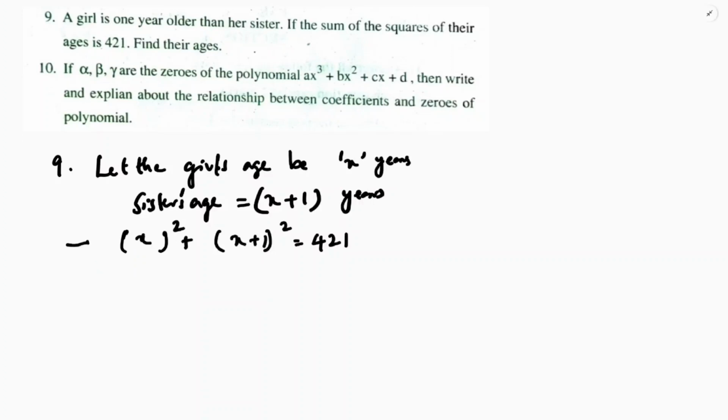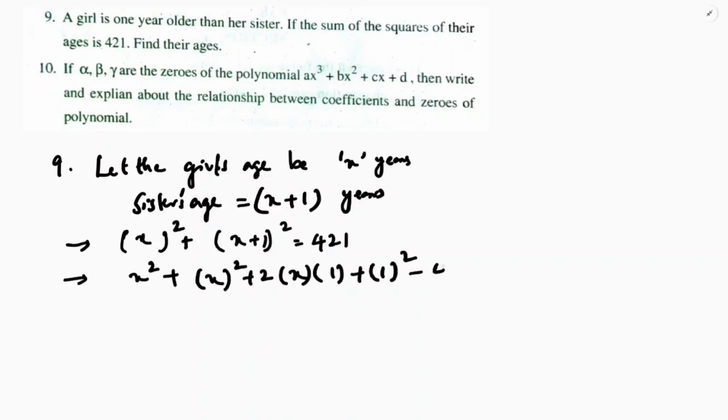So if we expand, this is X square. Here A plus B whole square, so A square plus 2AB plus B square. So X square plus X square is 2X square plus 2X plus 1 minus 421 is minus 420 equals 0.